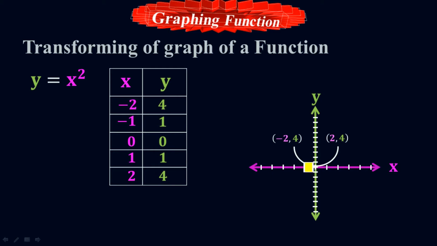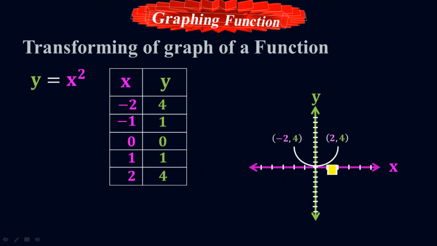When I substitute x equals -1, which is here, my y value was 1. So my point was here, -1 along the x-axis, +1 along the y-axis. When I substitute x equals -2, my point along the y-axis was 4. So 1, 2, 3, 4 at this stage.